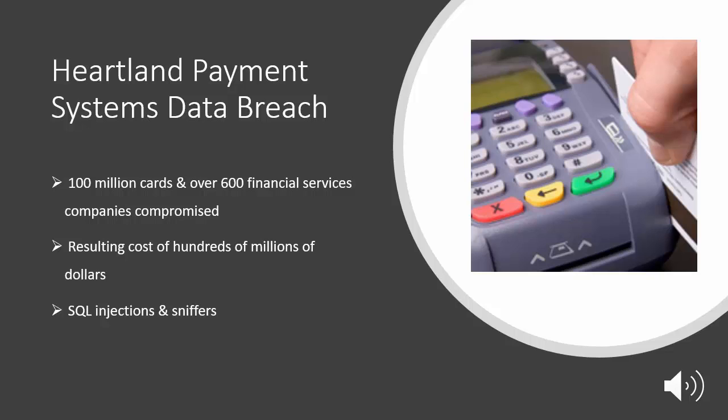The threat actors were able to steal the financial data, so card numbers and associated information, by using first an attack called SQL injection to penetrate the networks, and then other programs called sniffers to collect and steal network data.